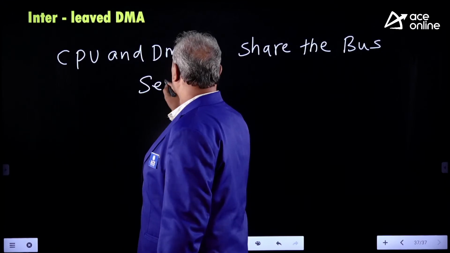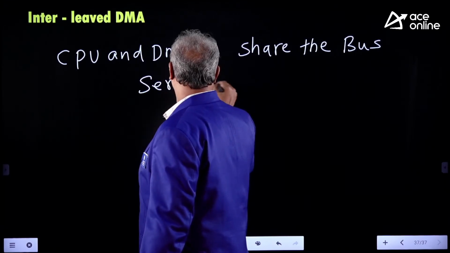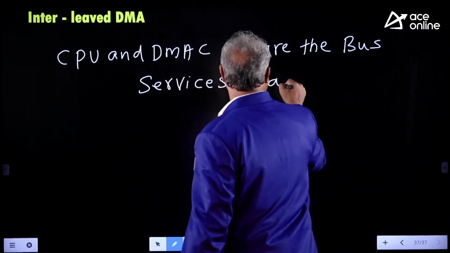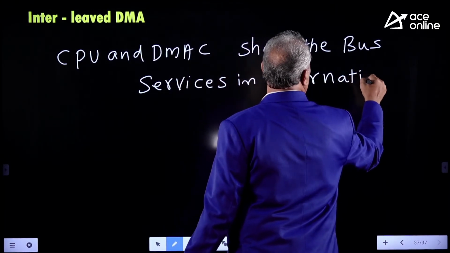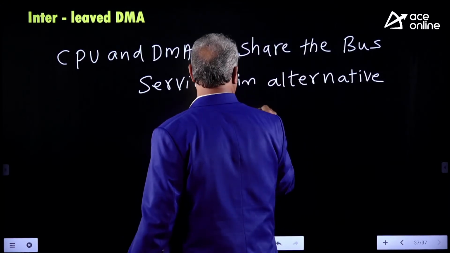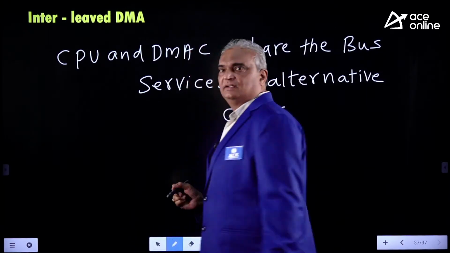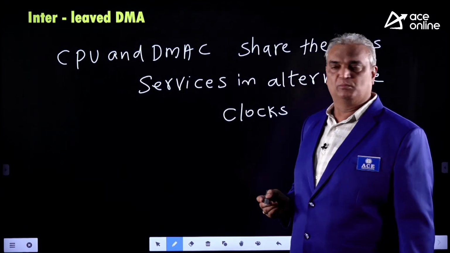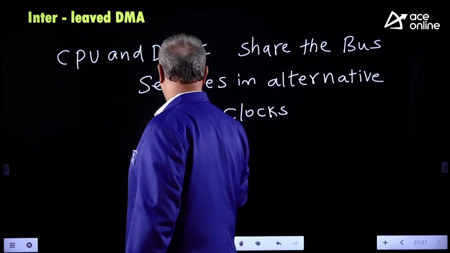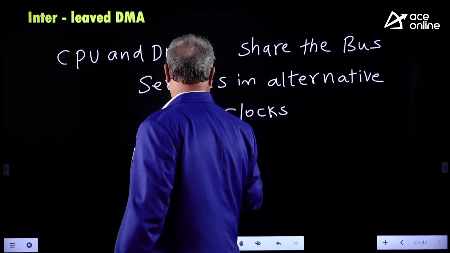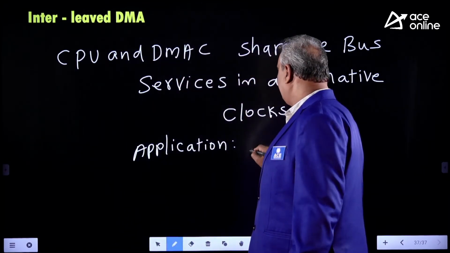Bus services are shared in alternate clock cycles. This method is used to transfer moderate size of data. What about application? When data size is moderate.